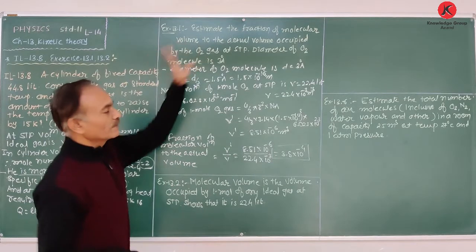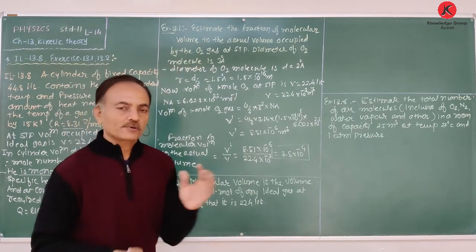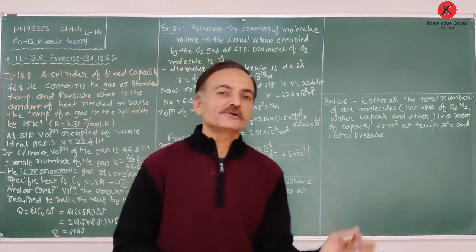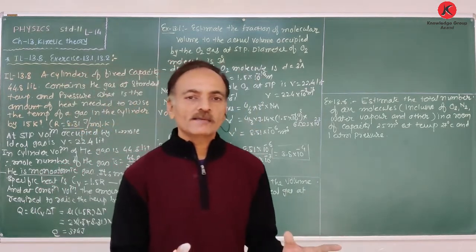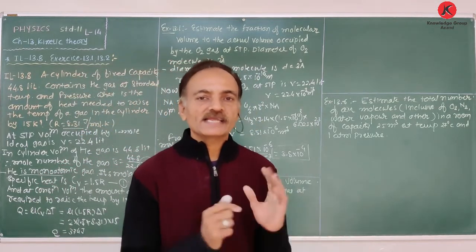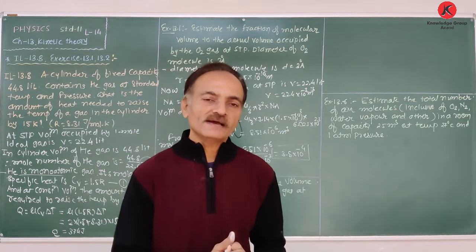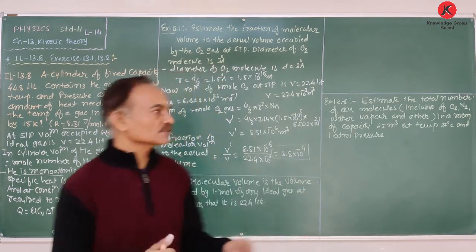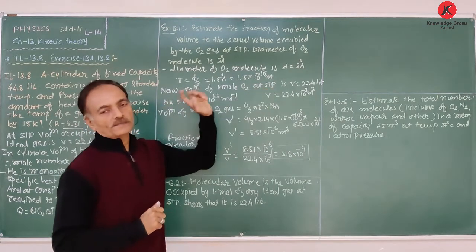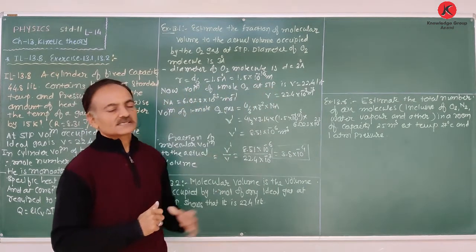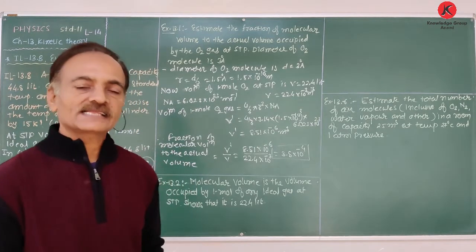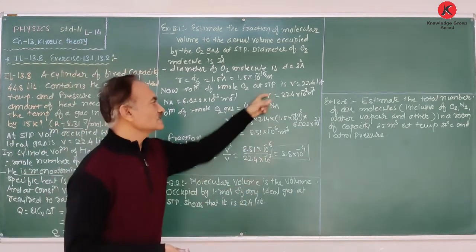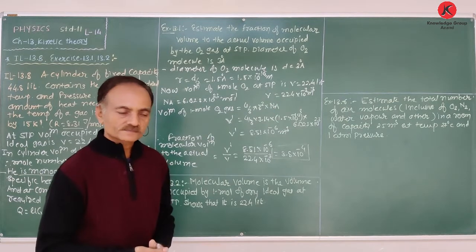The diameter of one molecule is given. Therefore, the volume of one molecule into the number of molecules in 1 mole gives the volume occupied by 1 mole of the given gas. And the standard volume at STP we already know, that is 22.4 liter. Take the ratio of the calculated value and the standard value of the volume.